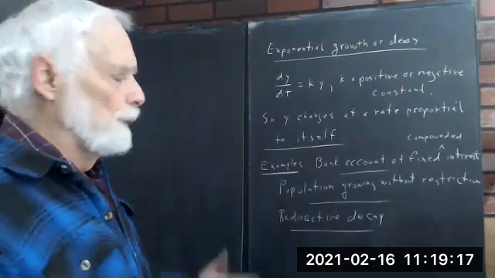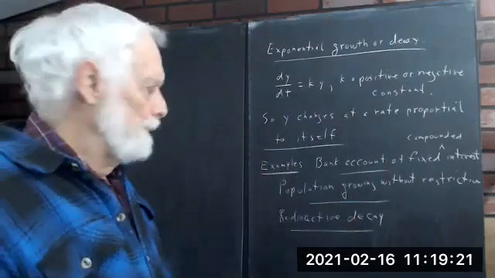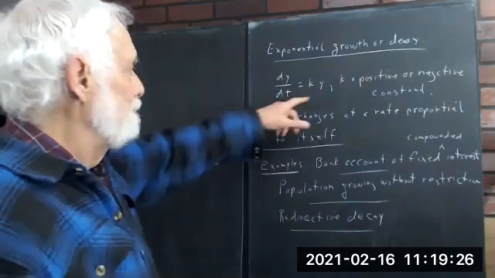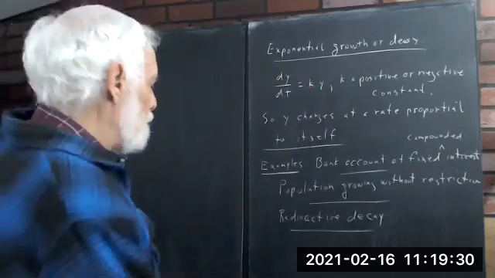Radioactive decay, as I said, what's the probability that a given particle is going to decay over a certain short time? Okay, and those questions are going to determine k.